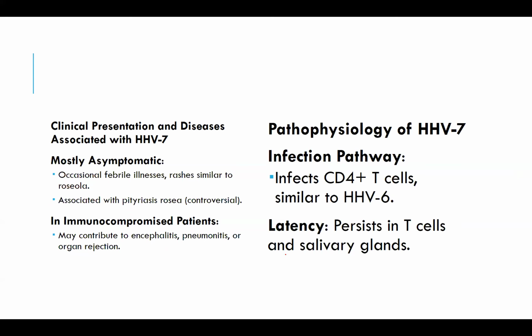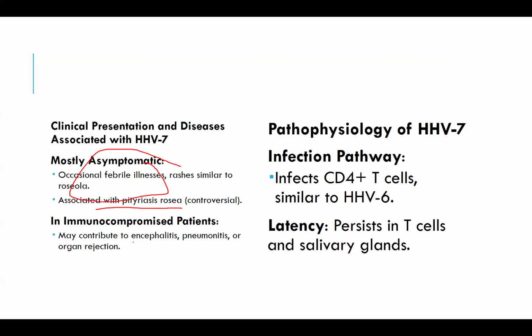In the clinical presentation, mostly this 7 is asymptomatic, but it has been associated with pityriasis rosea as well as 6. However, this is still controversial because in the first reports that reported this isolation, the results were not reproducible. So that means that up to now, the association is there, but with a lot of question marks.